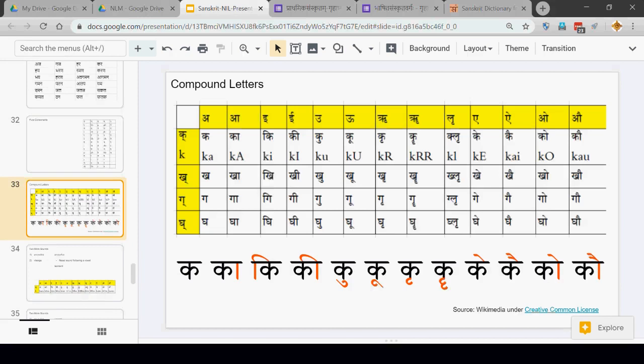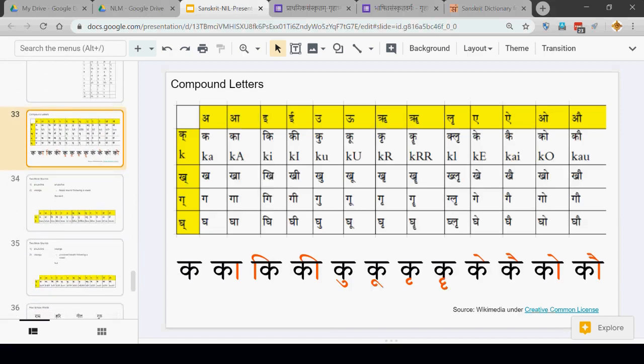In that workbook there is practice for compound letters also. So you can write that, practice that, and also try to pronounce it. Okay, so we'll stop here today. In the next class, we'll continue with more sounds and more scripts.